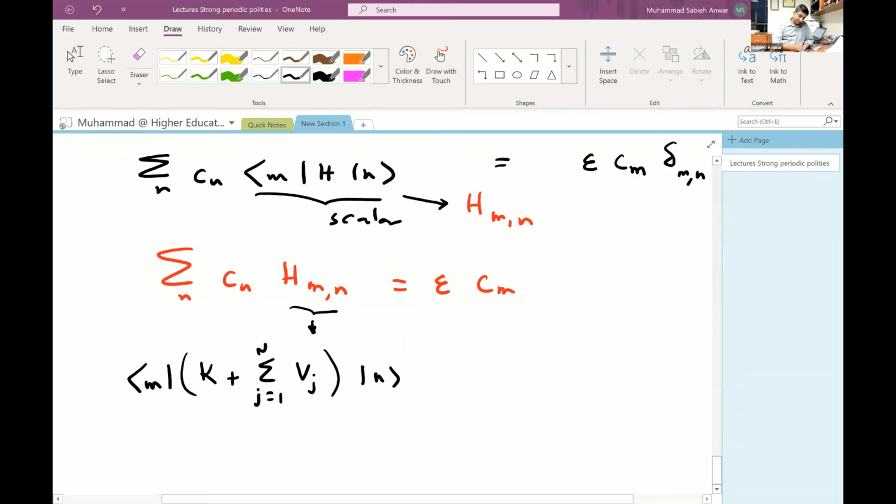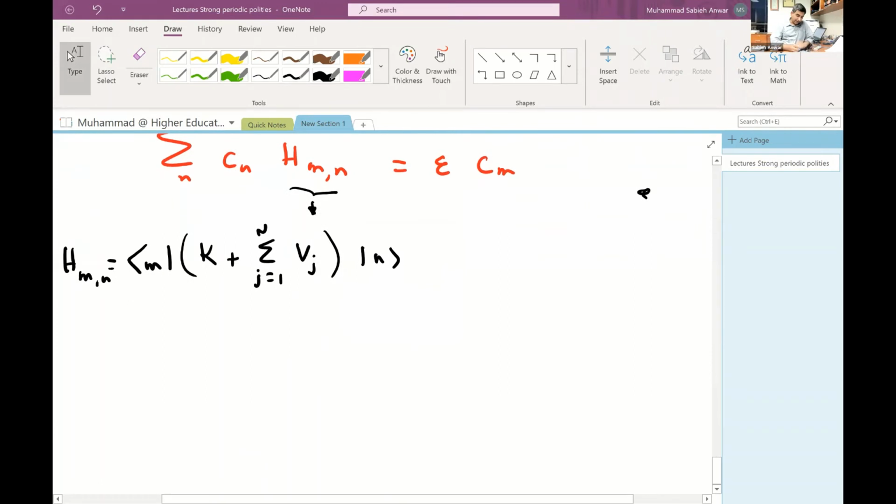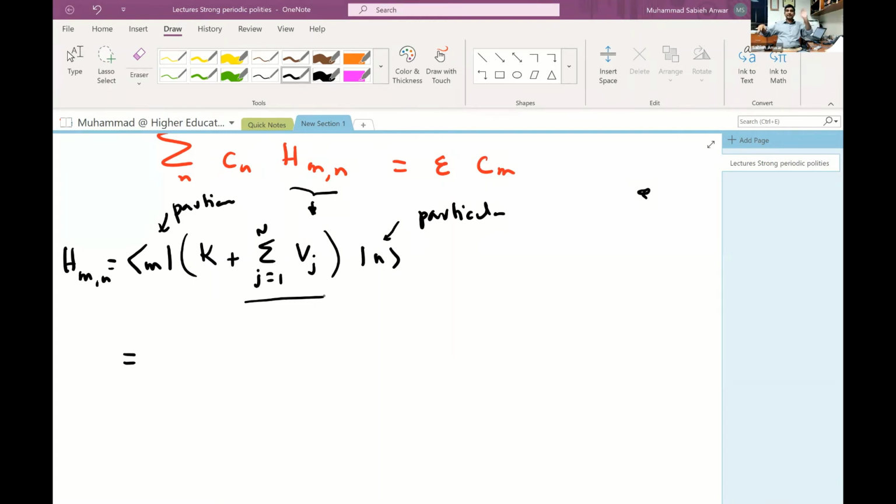So this is my H mn. Now, how do I proceed from here onwards? Now, remember that if this is a particular value of n, and this is a particular value of n, and this j is a running variable, it goes from 1, 2, 3, all the way up to capital N. So at some point, it does hit small n.